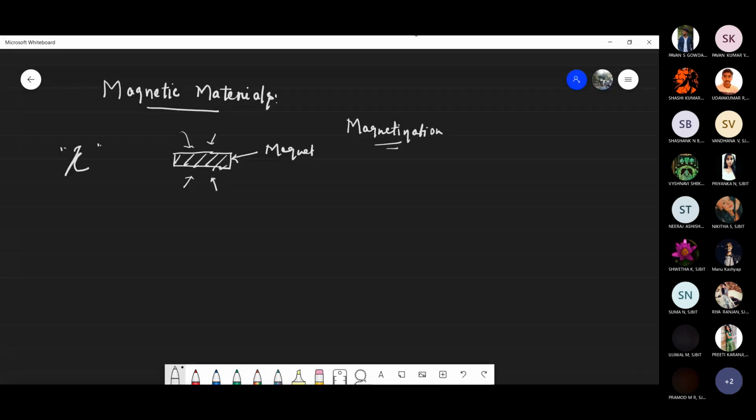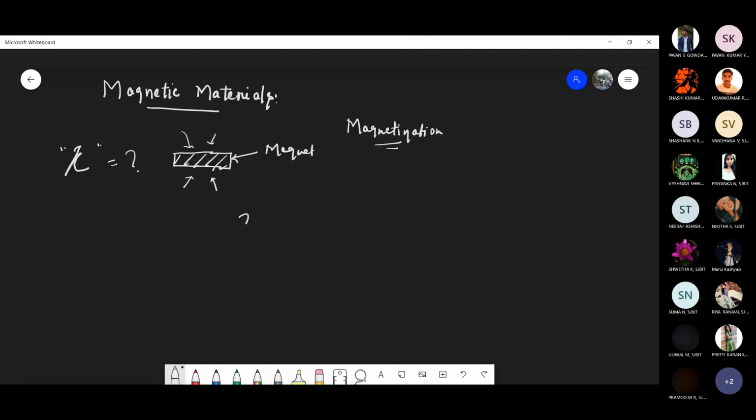So, exposing a material to a magnetic field, what is the susceptibility? How good a material is at getting magnetized? This we studied in the last class. Susceptibility of a material decides the magnetization over a given magnetic field.